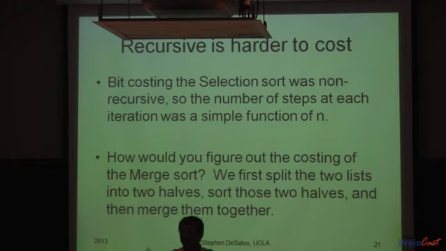And if you can sort the smaller lists, the merge is the explicit part of the algorithm. The merge is what is not recursive. But it's the ability to say that solving the problem of sorting n objects is the same as sorting the problem with half as many objects. That's where your recursion comes in. That's the power. And there's no other technique you need other than to just merge them back together.